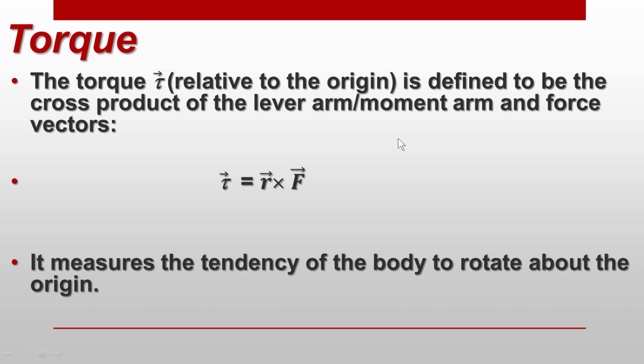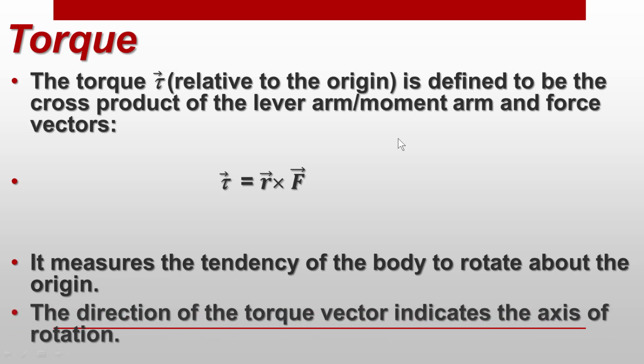The direction of the torque vector indicates the axis of rotation. We can find the direction of the torque vector by the right hand rule. It indicates the axis about which the object has to be rotated.